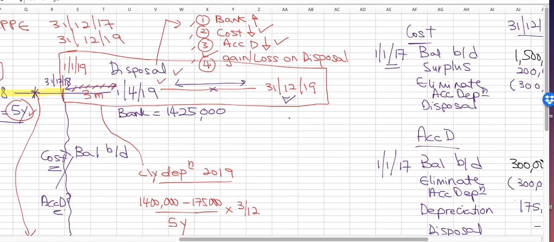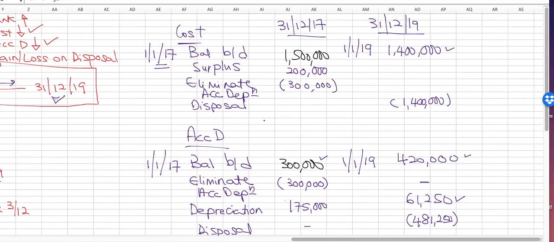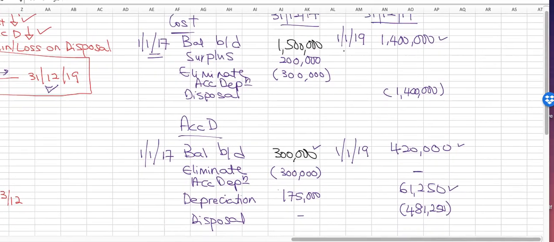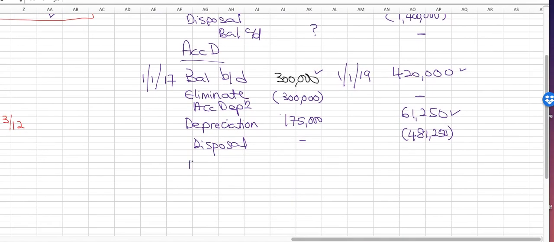Okay, so that's all the detail that you need to put down in the movement. So you see here in 2019, you have to find the balance CD here. You find this, of course zero, because it has been disposed.